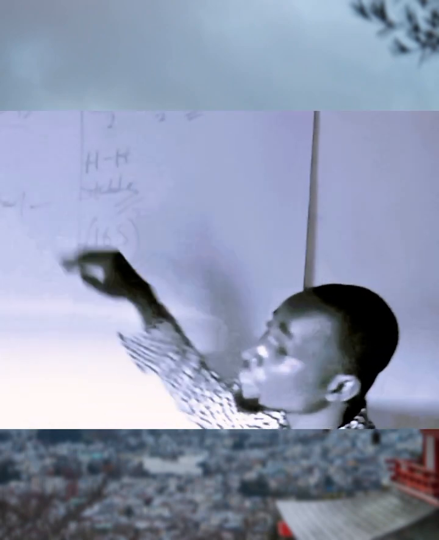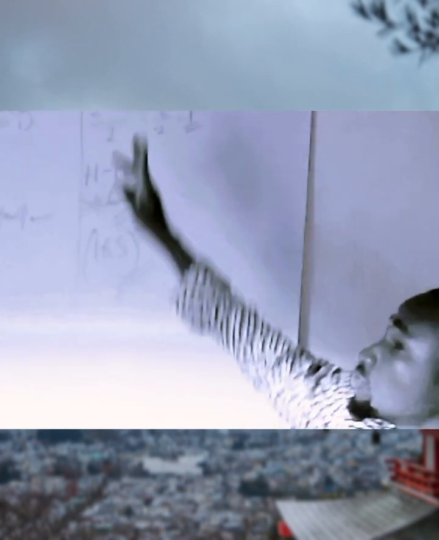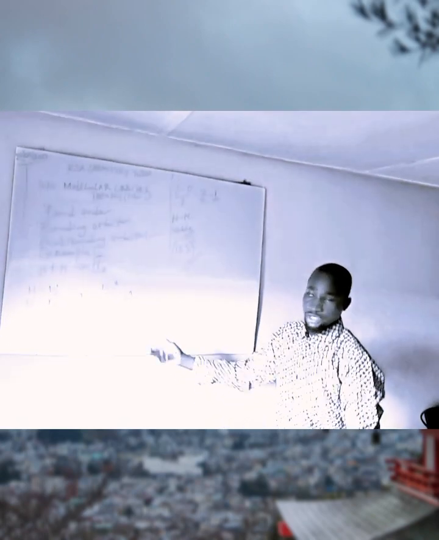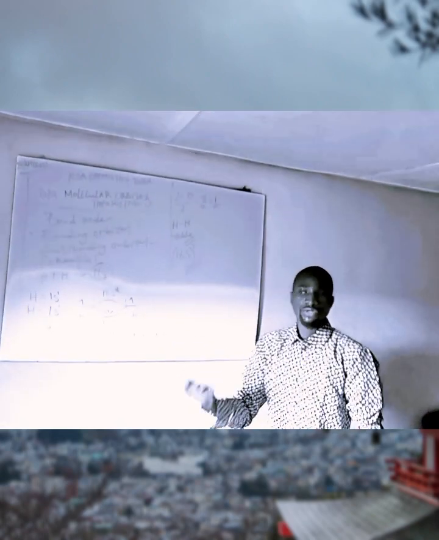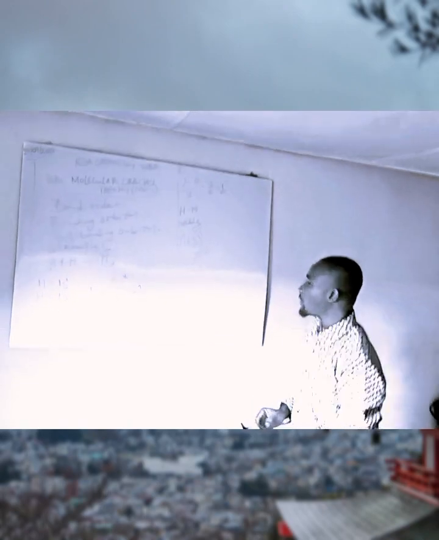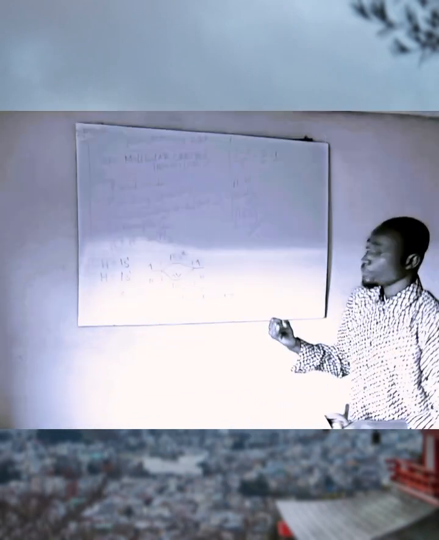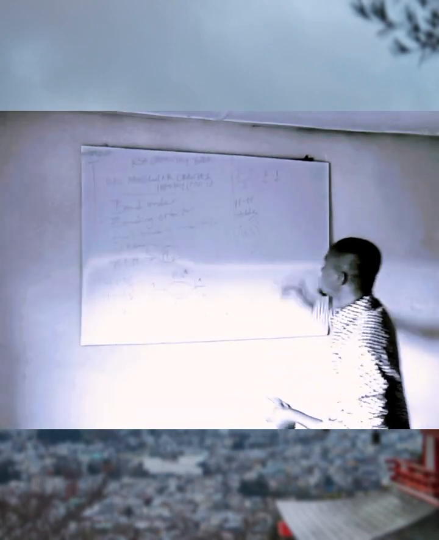Now, I want you to remember something. In molecular orbital theory, we have 2 types: homonuclear, or homomolecular orbital theory, and heteronuclear, or heteromolecular orbital theory. The one of hydrogen is homo, because same kind. The word homo means same.